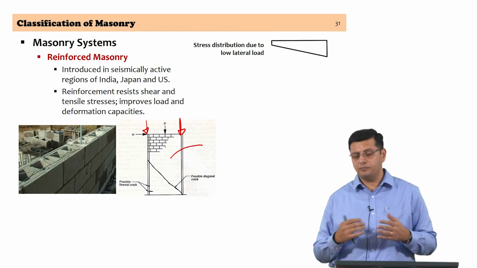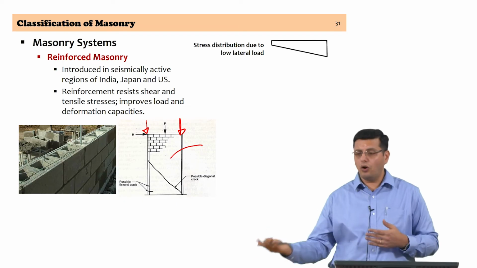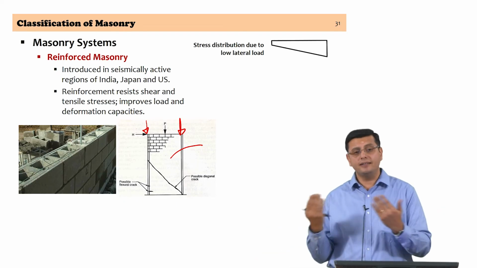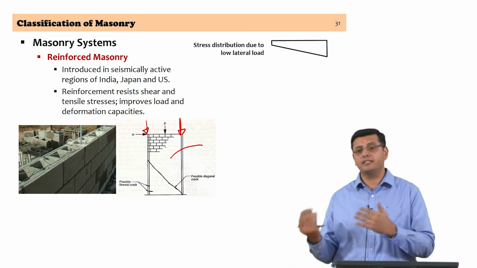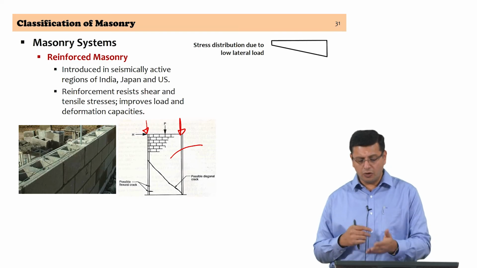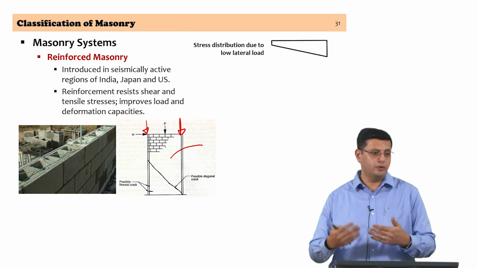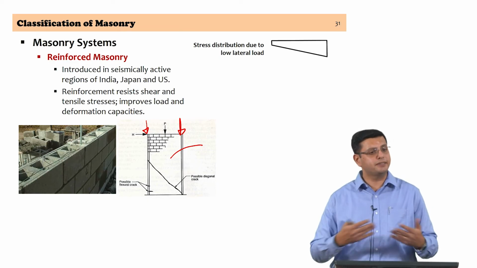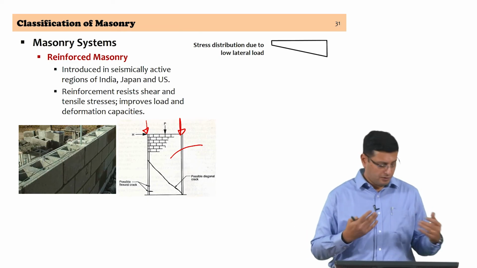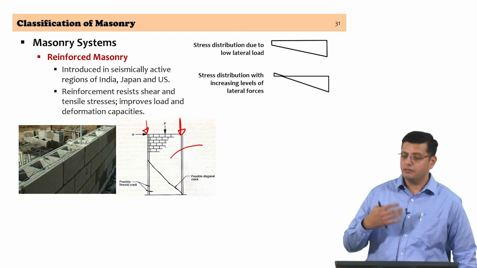You would have lesser compression on one end of the wall, higher compression on the other under the action of lateral forces, which actually will be cyclic. So, initially when the level of lateral loads are low, you will probably have a situation where the entire wall is still in compression, but this may not be the case.